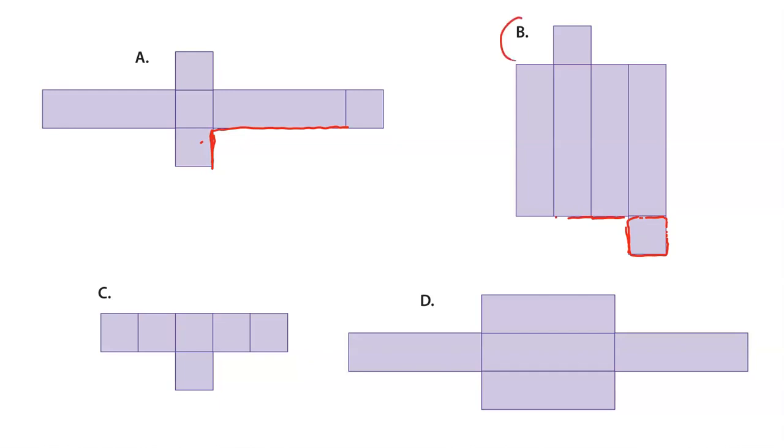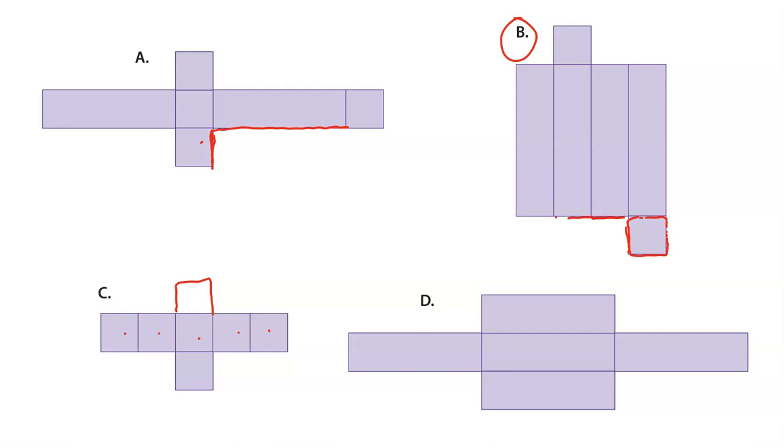So B works. Looking at C, it has only squares, so there is a flap on the other side that's missing, and it has 5 of these faces next to each other.